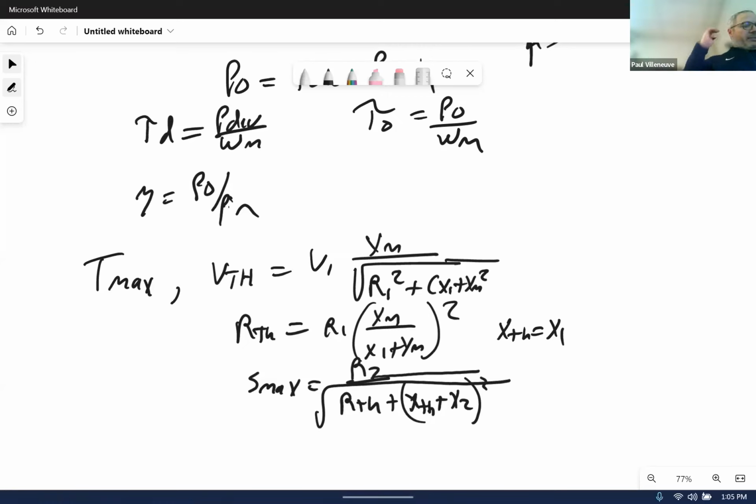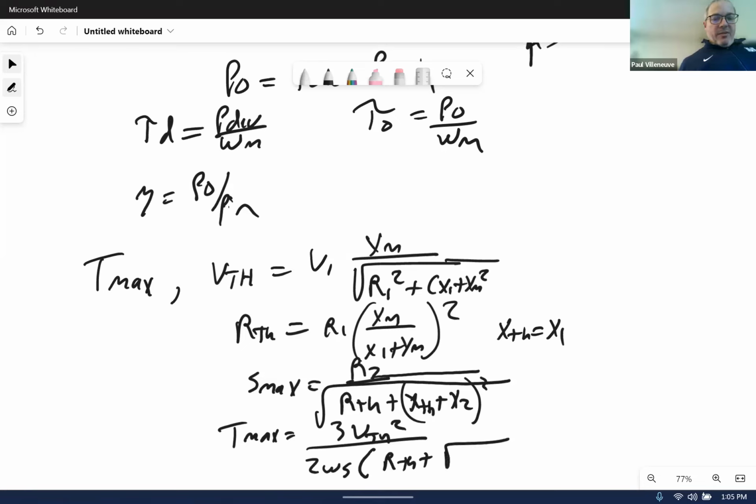And once I had S max, then my T max equation was 3 V Thevenin squared all over 2 times omega S times (R Thevenin plus the square root of R Thevenin squared plus (X1 plus X2) squared).